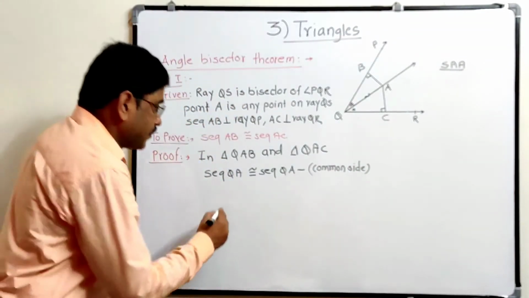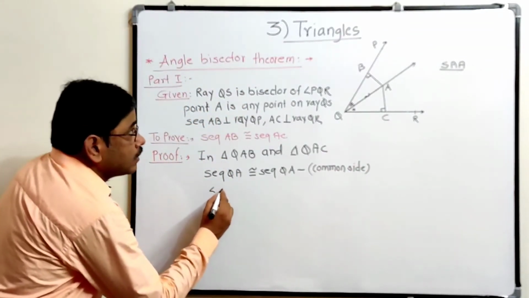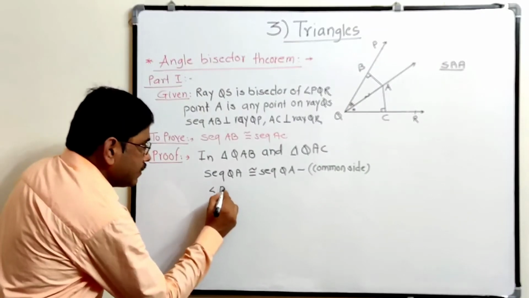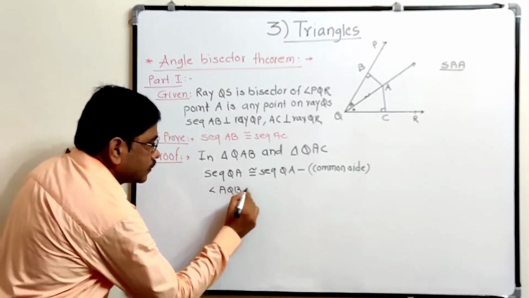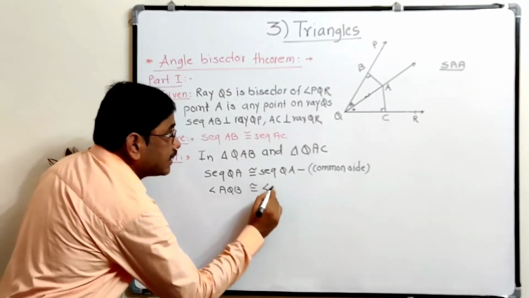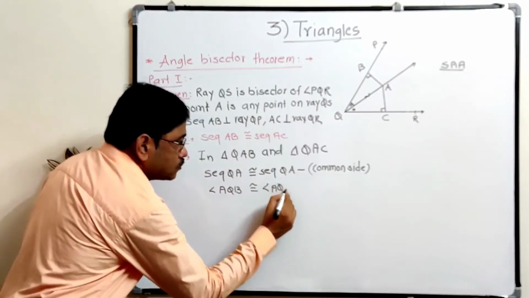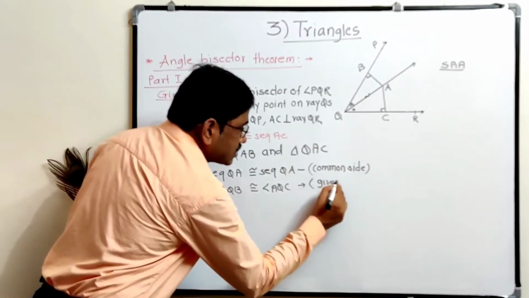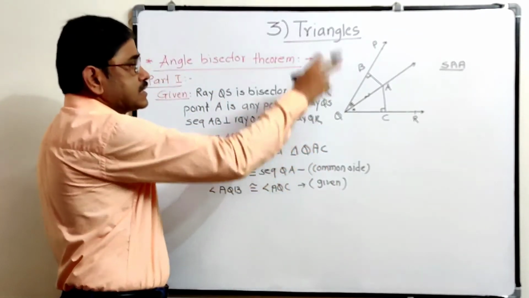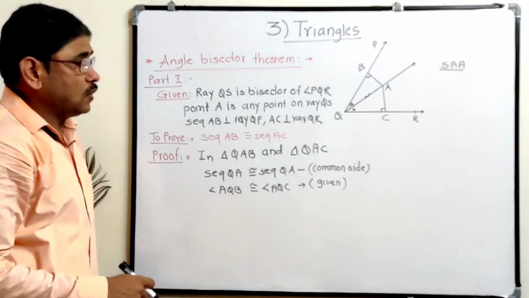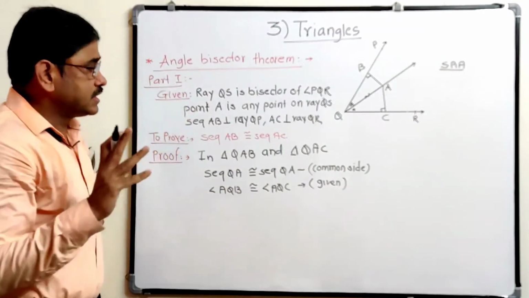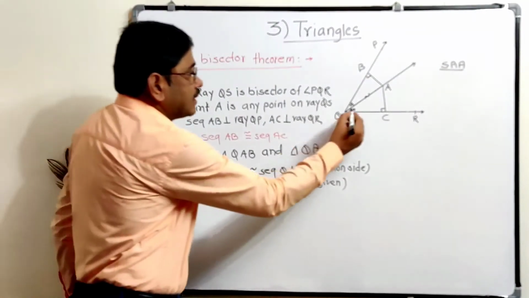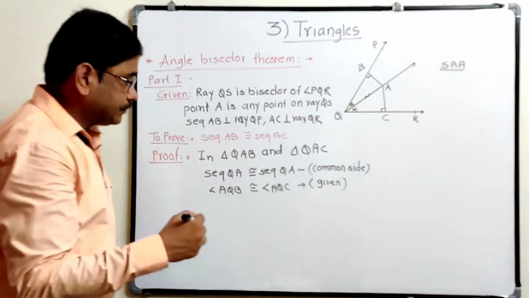Second thing, angle AQB is congruent to angle AQC. Given, because of the bisector. This QA is the bisector of this angle, therefore these two angles are congruent.